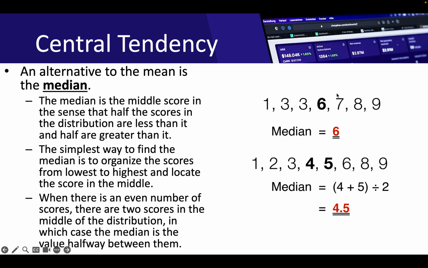This is the median number right here. And in this case, since we have an even number, there are 8 numbers, it's somewhere between 4 and 5. It would be 4.5, the median. So let's see what the mean is for that one.